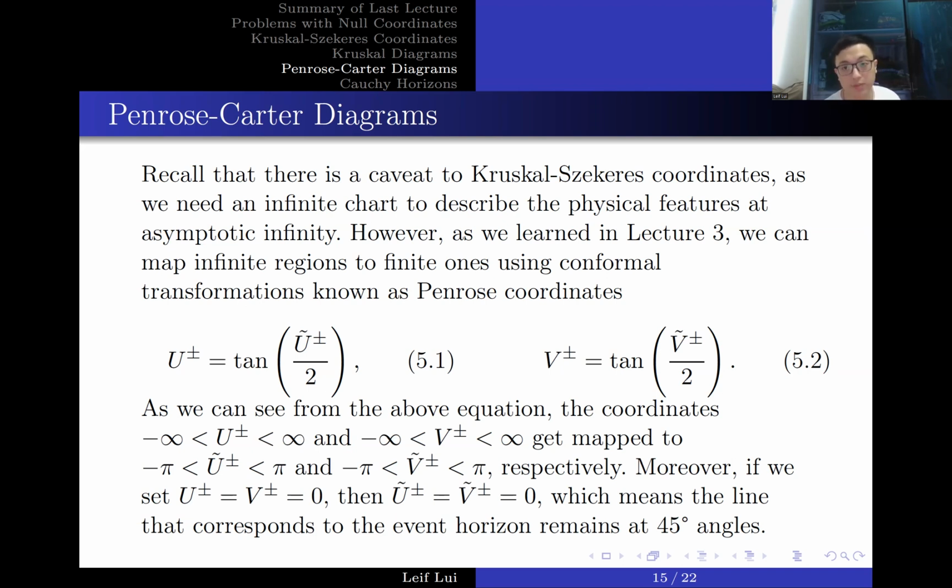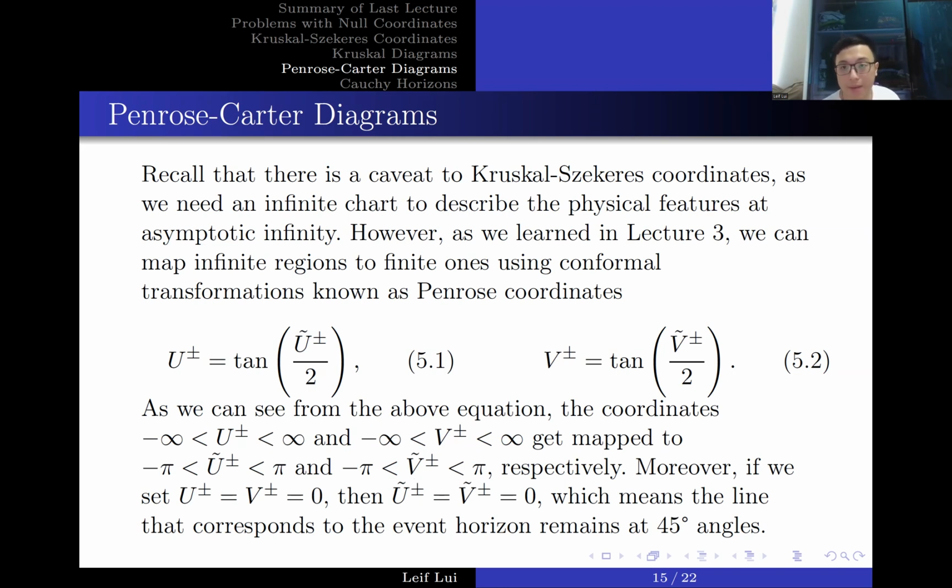The Penrose coordinates are basically the arctangent of the u plus and minus and v plus and minus coordinates respectively. From the equation above, mapping u plus and v plus and minus to minus infinity and plus infinity respectively, we get a map of u tilde and v tilde in the minus pi and pi regions respectively.